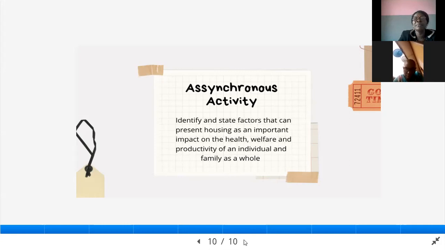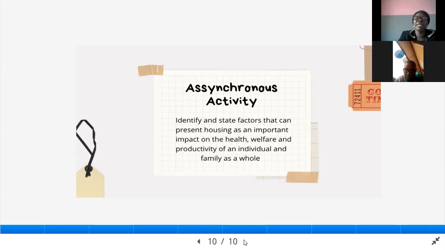That is your assignment before we meet again on Tuesday. Try and find out those factors that can present housing. What is the importance of housing to the health of the family?